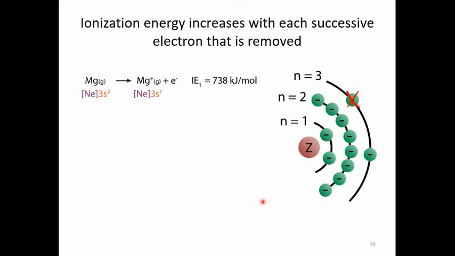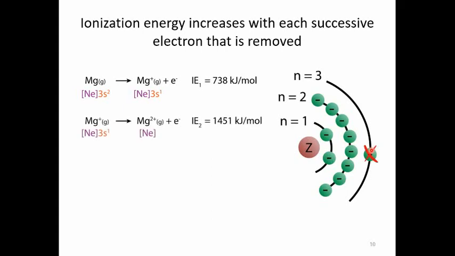What happens is that the electron that is in that third shell was interacting and slightly repelling the other electron in the third shell. And now that it's no longer there, the remaining electron in the third shell is held more tightly to the nucleus. There's fewer repulsions. And so because of it being held more tightly, it requires more energy to remove it.